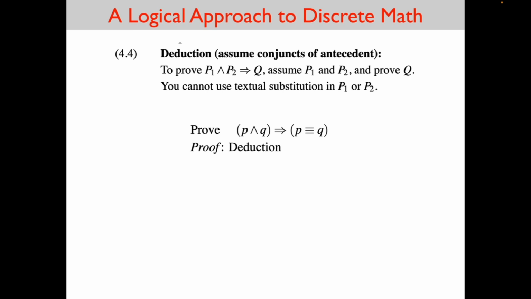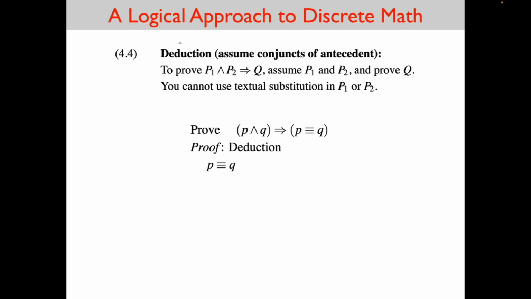So when we use deduction, what do we start with? We start with the consequent, Q. And what is the consequent? It's P equivales Q. So now, we don't get this to a previous theorem. Well, actually, we do get it to a previously proved theorem. We get it to true. That's because true is a previous theorem, right?